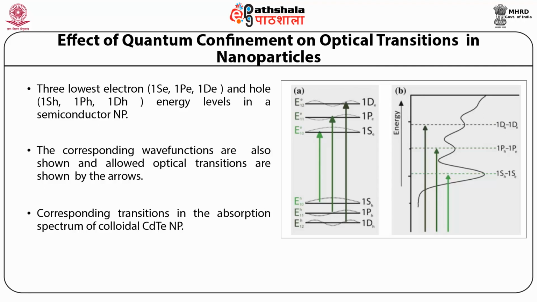So, the onset of quantum confinement effects will occur at different sizes of nanoparticles for different semiconductors, as aB varies widely within the semiconductor materials, depending on the effective mass of electrons and holes and the dielectric constant of the semiconductors.